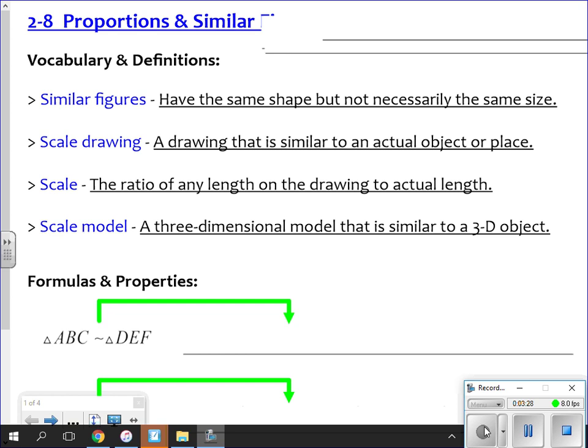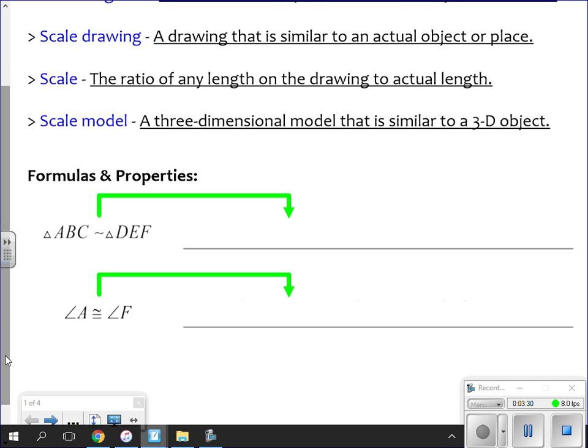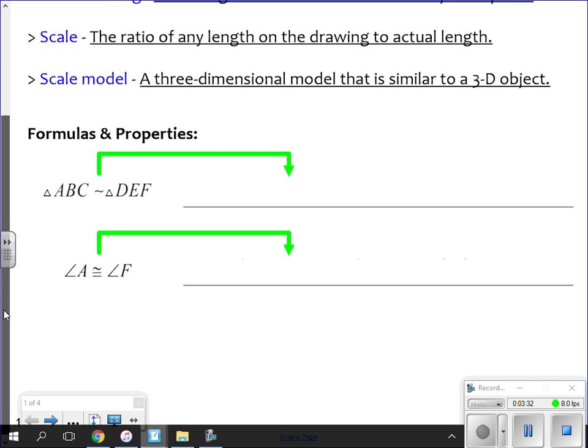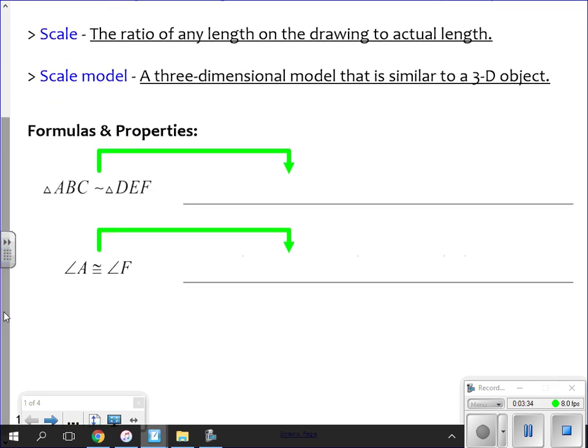Now, a couple of things you're going to need to remember for today, and these are geometric formulas and properties. I have triangle ABC, and we'll be working with this in later problems. This is how you write out triangle ABC. If I have a triangle and the 3 corners are A, B, C, this is triangle ABC. Triangle DEF. This little squiggle in between, technically it's called a tilde.